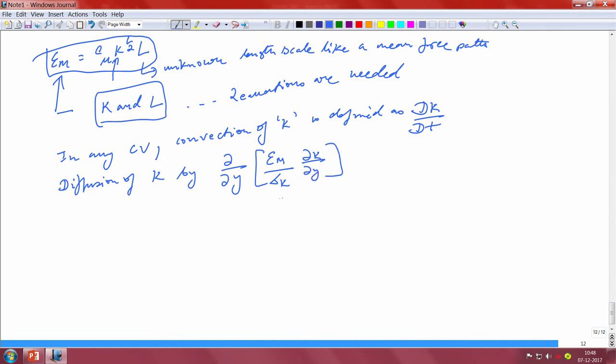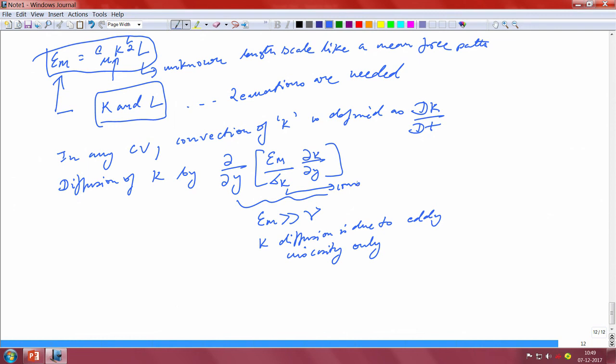Here of course the assumption is that epsilon m is much greater than gamma, so K diffusion is due to eddy viscosity only. This is basically a constant. These two should be clear, one is the advection and one is the diffusion of K.